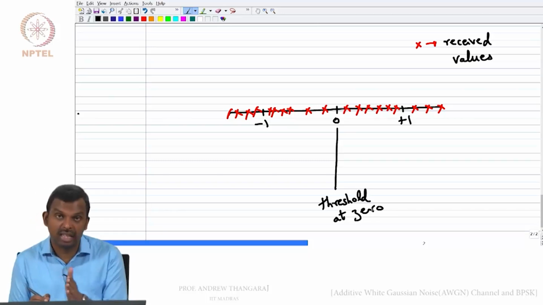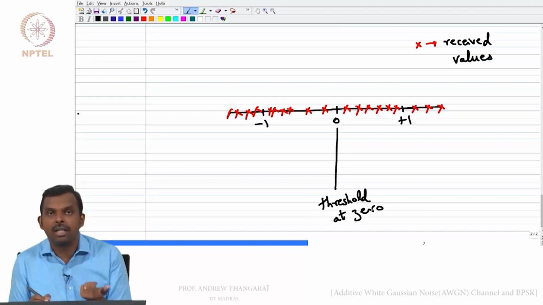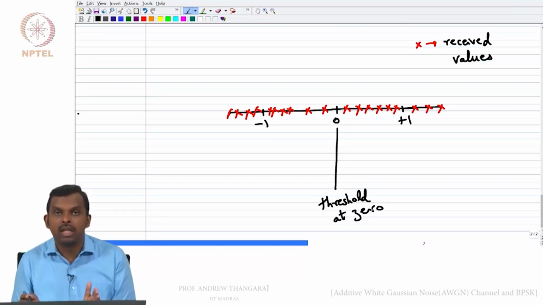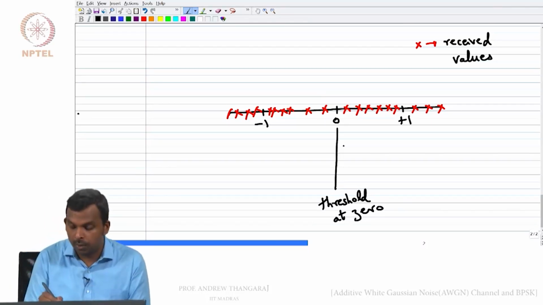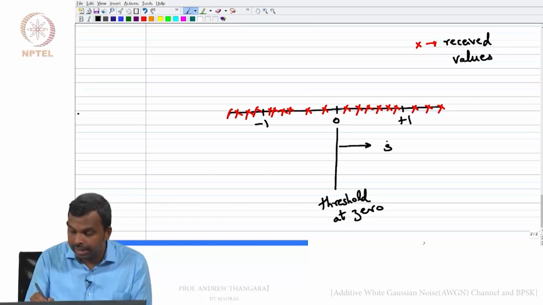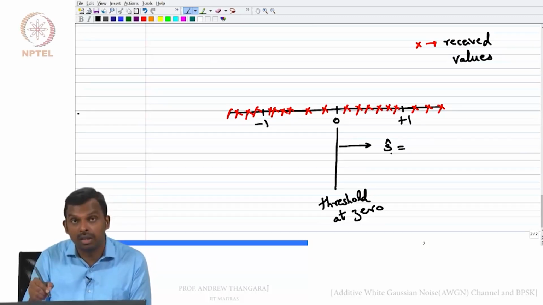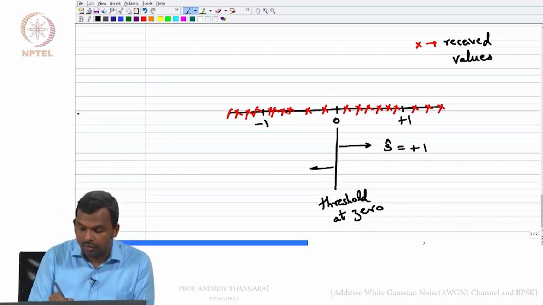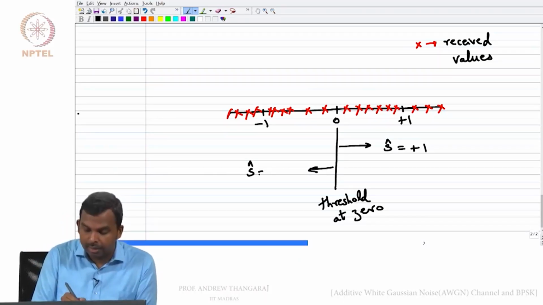If the received value is negative, it is to the left of 0, then I will decide that the transmitted symbol was minus 1. Okay. So, that is my decision. I am going to use this simple thresholding rule to decide whether it was plus 1 or minus 1. Okay. So, on this side S hat, which is the estimate of the transmitted symbol at the receiver, is plus 1, and on the left side S hat is minus 1.